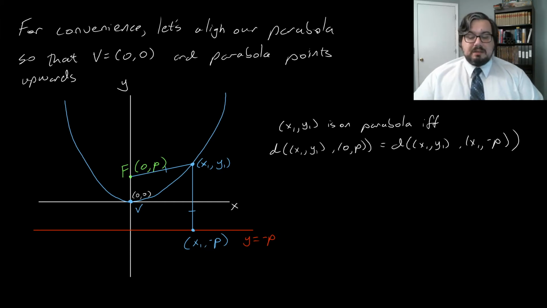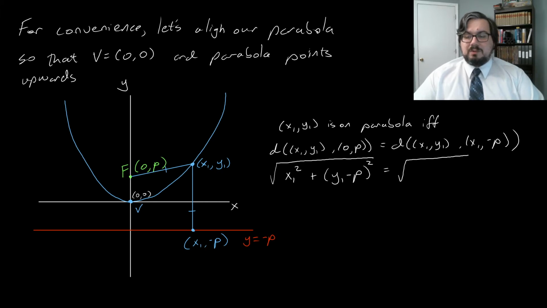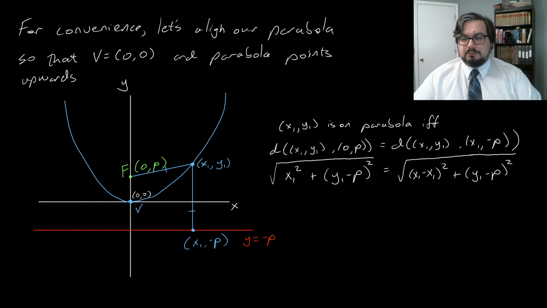Now we can use the distance formula here and say that these two distances can be calculated in the following way. The distance from the point x1, y1 to the focus is the square root of x1 squared plus y1 minus p squared, whereas the distance from x1, y1 to the point x1, negative p is the square root of x1 minus x1 squared plus y1 plus p squared.